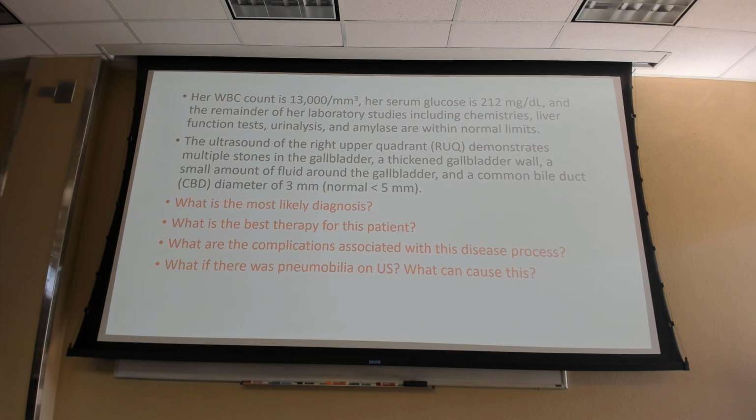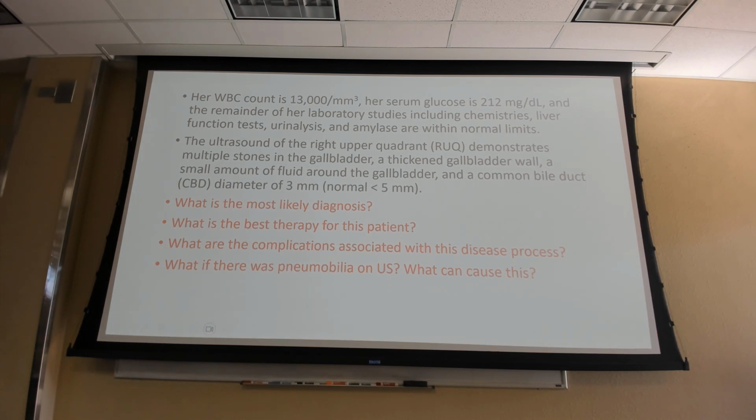There was no pericholecystic fluid, and the white count was normal. What might we call this? Could be, yeah, symptomatic cholelithiasis. Typically it improves, you get a little bit of improvement of pain, but with these findings, it's going to be acute cholecystitis. And what's our treatment for this? Yeah, cholecystectomy, yeah.